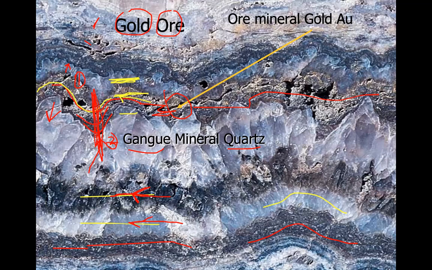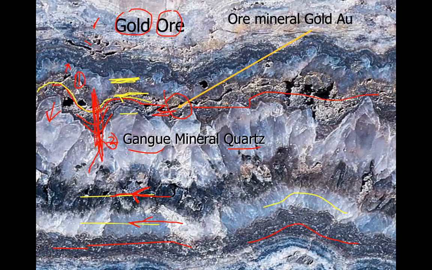Such scenarios are commonly observed in highly deformed terrains. Such mineralization you can term syntectonic mineralization. So there are three types of mineralization that can be expected in a terrain: pre-tectonic, syntectonic, and post-tectonic.